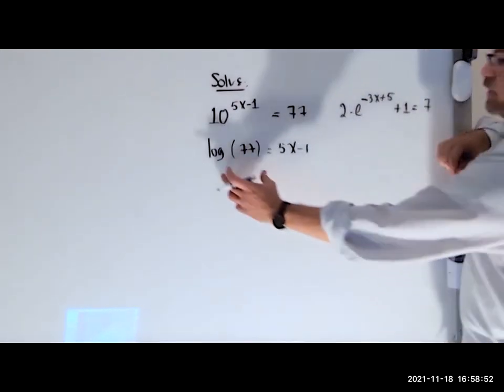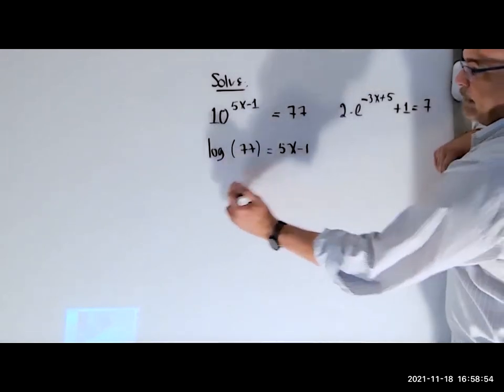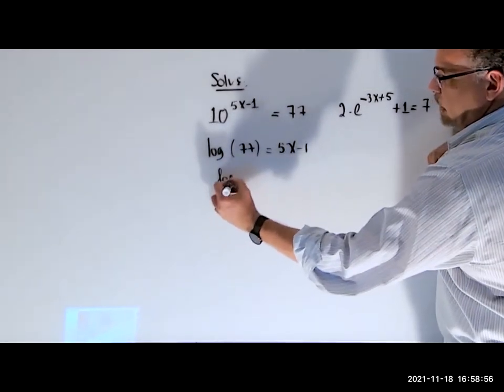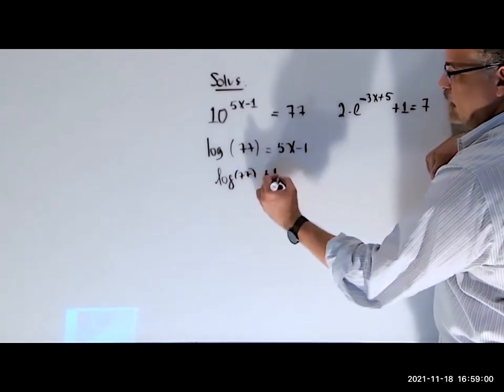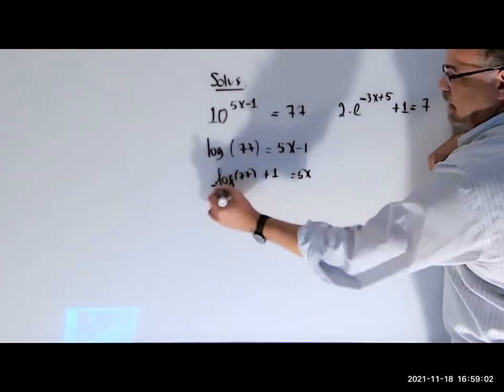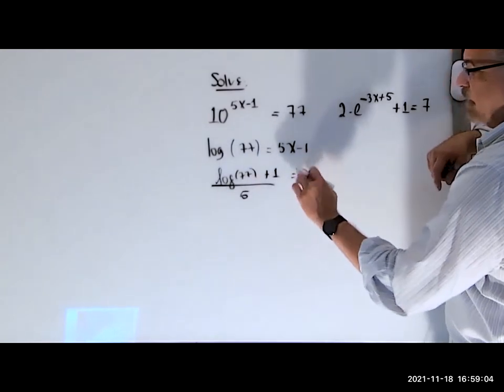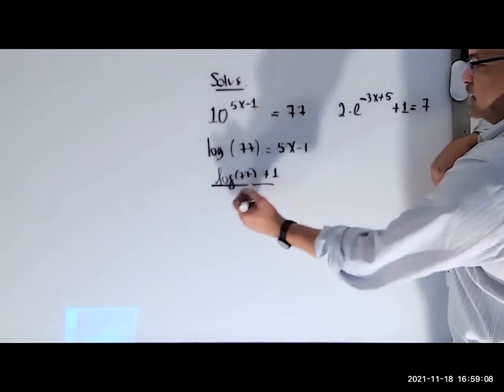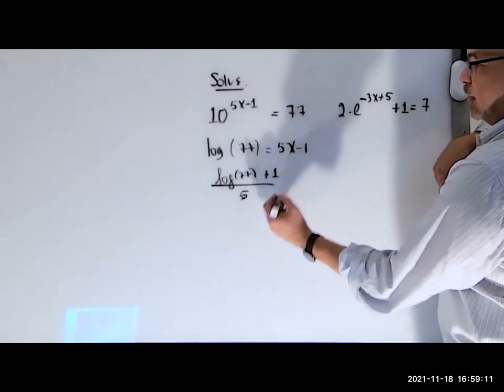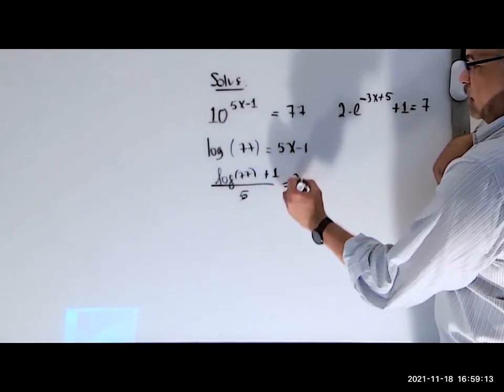And so we just have to find the log of 77 using the calculator. We add 1 equals 5x, and now we divide by 5. So that would be the answer for x, log 77 plus 1 over 5 equals x.